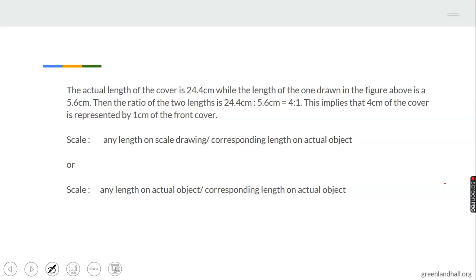So this implies that 4 centimeters of the cover is represented by 1 centimeter of the front cover on paper. That means 4 centimeters of the real object is equivalent to 1 centimeter on the drawing.